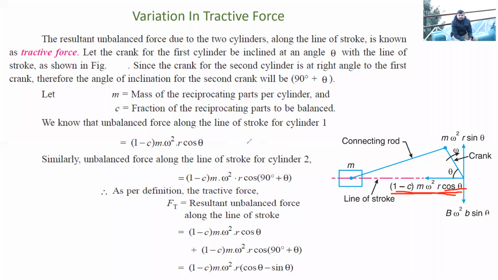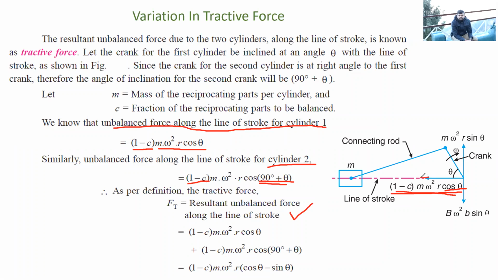The unbalanced force along the line of stroke of cylinder 1 is (1 minus c) m omega square r cos theta, and unbalanced force of cylinder 2 would be (1 minus c) m omega square r cos (90 plus theta). Now, as per the definition of the tractive force, it is the resultant unbalanced force along the line of stroke.